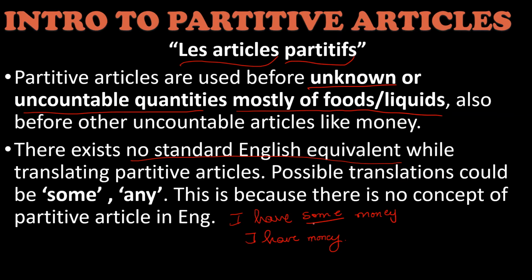No, right? The meaning is the same, that you have money with you. So in English, we can omit the partitive article when we are speaking. So this can go away and the sentence remains the same. Now, in French, you cannot do that. When you're talking about uncountable or unknown quantities, you have to use the partitive article. So this is the use of the partitive article.